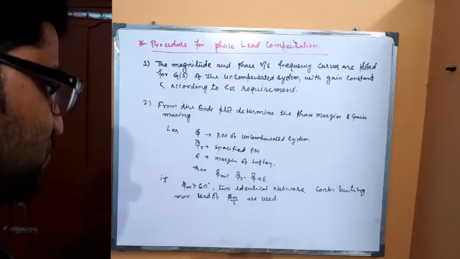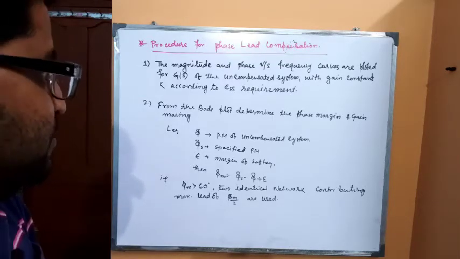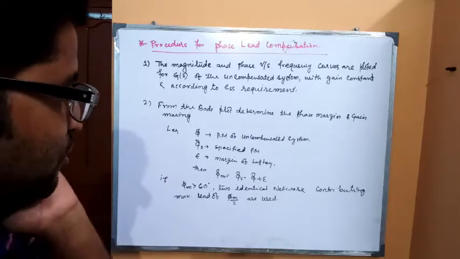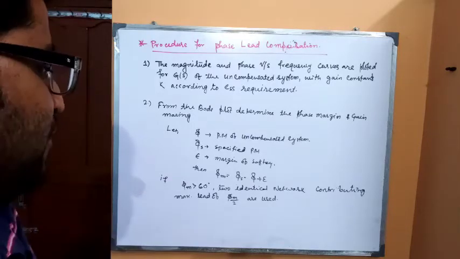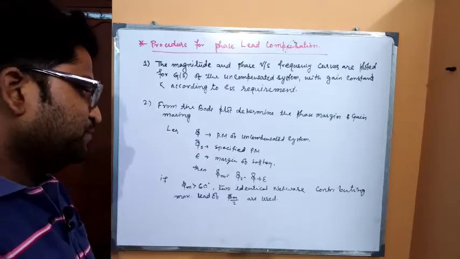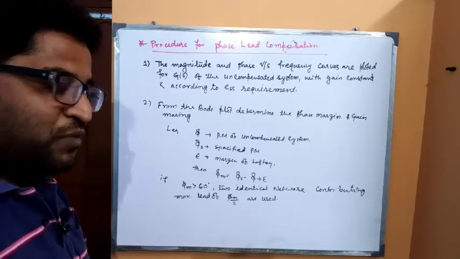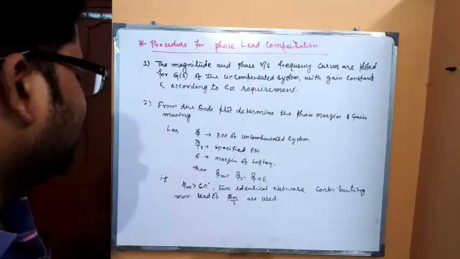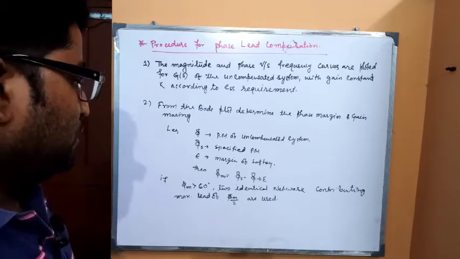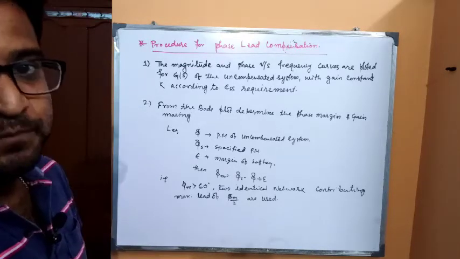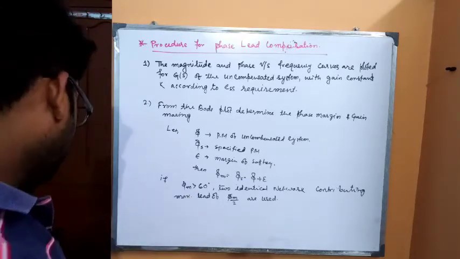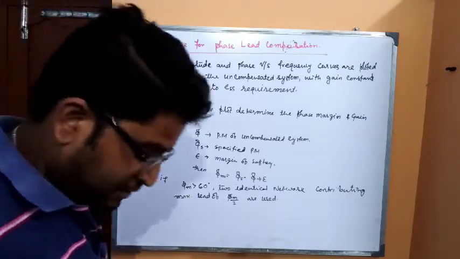Then the expression of phase margin for the compensated system is given as phi of m is equal to phi of s, that is the specified phase margin, minus the phase margin of the uncompensated system, plus epsilon. Now if phi of m is greater than 60 degrees, then two identical networks contributing maximum lead of phi m by 2 are used for the compensation. So this is the second step.